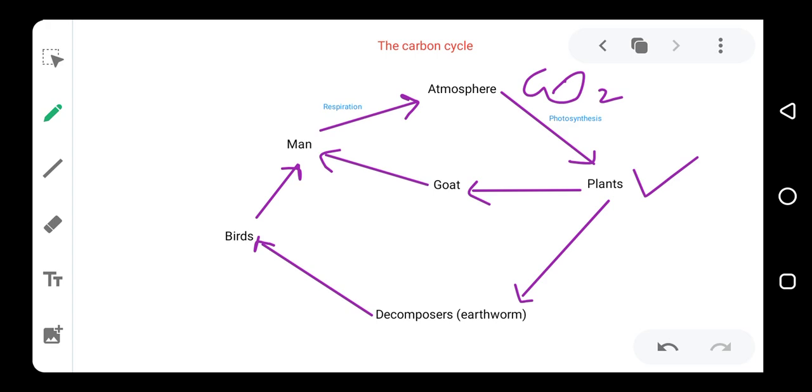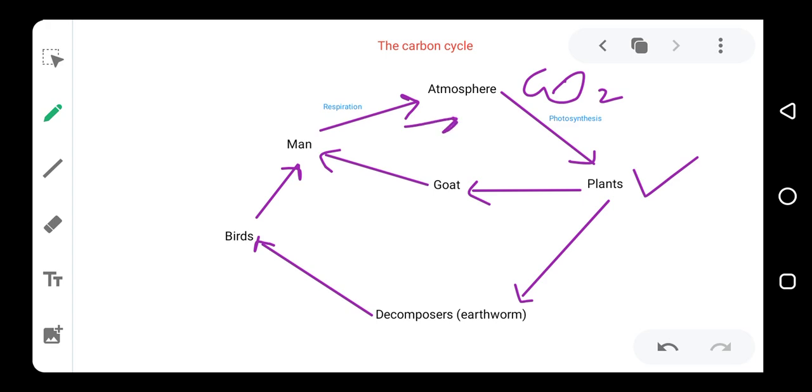A goat may eat the plant and get the carbohydrate manufactured by the plant. And then man will eat goats, and then man will respire or breathe out. When we breathe out, we are breathing out carbon dioxide. So when we respire, the carbon dioxide in our body will come out and then move back to the environment.